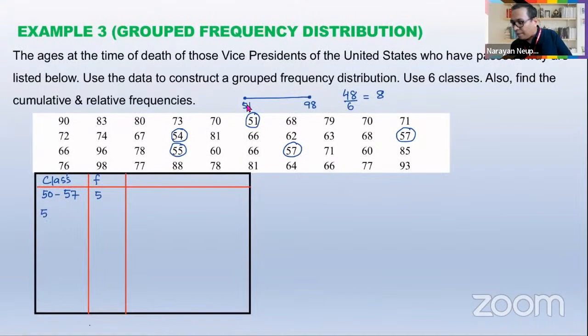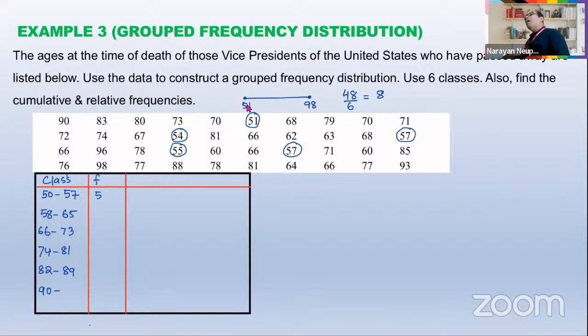If I want 8 of them, we go up to 65. The next one will be 66 up to 73, then 74 up to 81, then 82 up to 89, and then 90 up to 98.